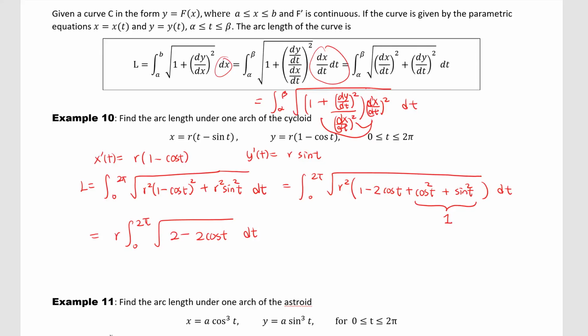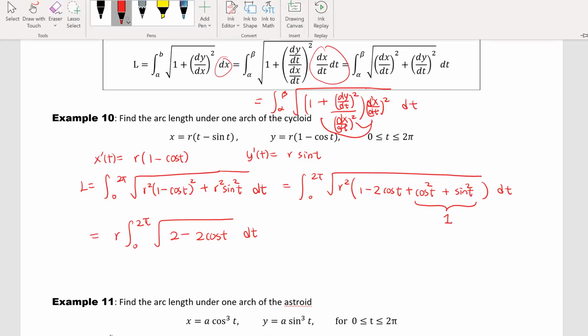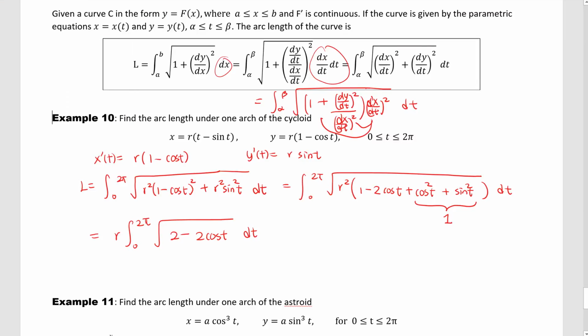Okay, how can we calculate the square root of 2 minus 2 cosine t? You have to be very familiar with the double angle formula. That's why I said for calculus 2, the double angle formula is so important in our course. So remember the double angle formula: 1/2 minus 1/2 cosine 2 theta is sine theta squared, and 1/2 plus 1/2 cosine 2 theta is cosine theta squared.